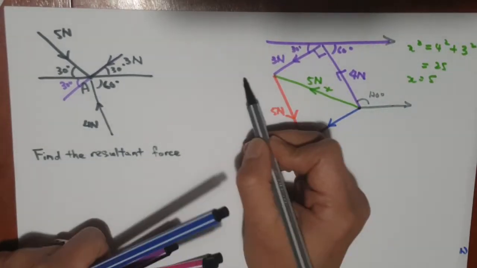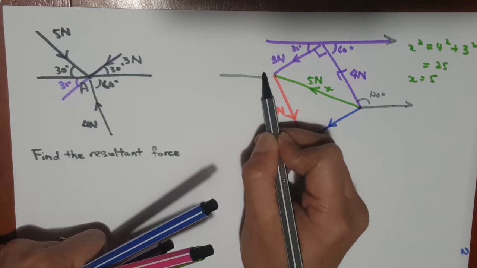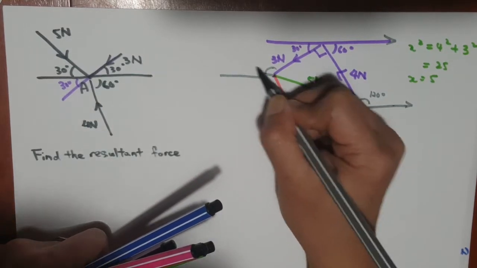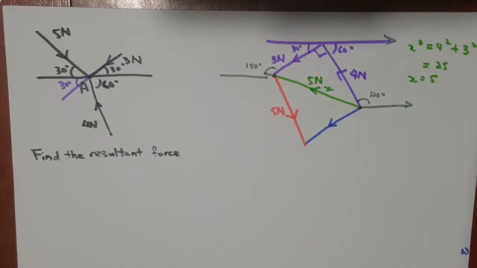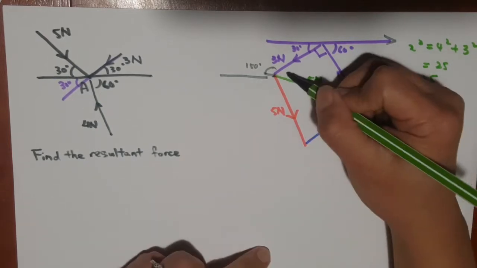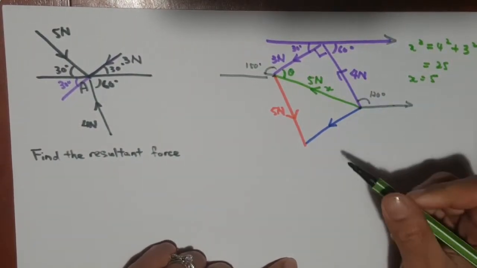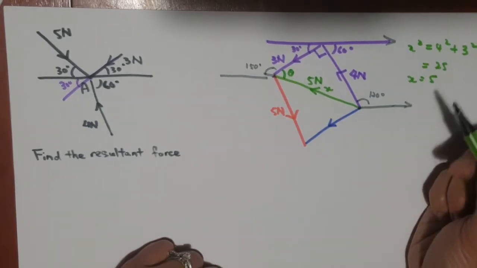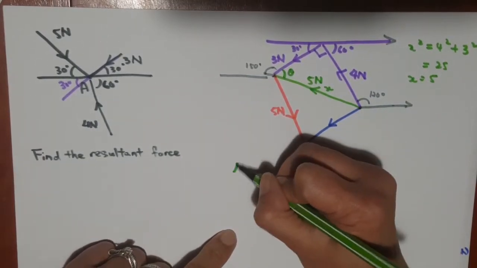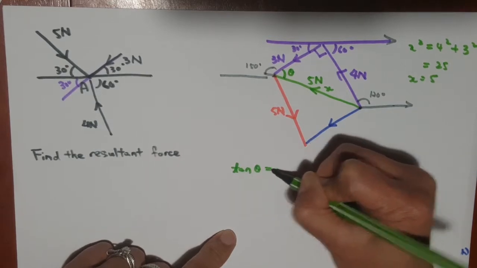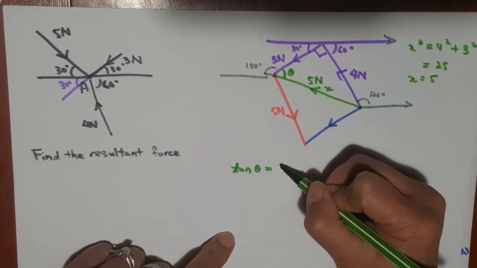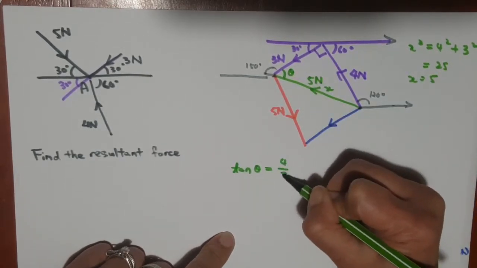And if I draw another line here, I know that this will be 150. Let's say I want to get this angle here. We'll call this angle theta. To get theta, I can use tangent theta equals opposite over adjacent. So that's 4 over 3.